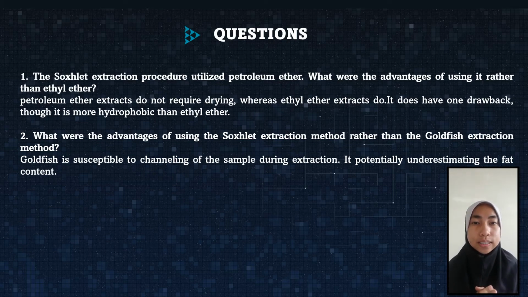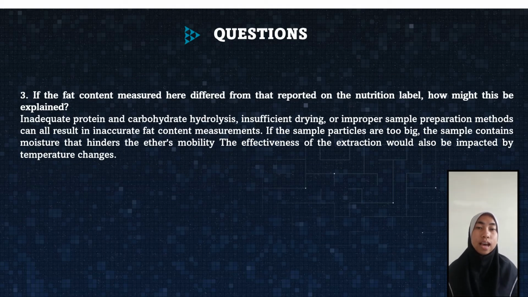Although a continuous extraction method is faster than a semi-continuous one, the goldfish is susceptible to channeling of the sample during extraction, which will lead to an incomplete extraction. This may occur with Soxhlet too, thus potentially underestimating the fat content.